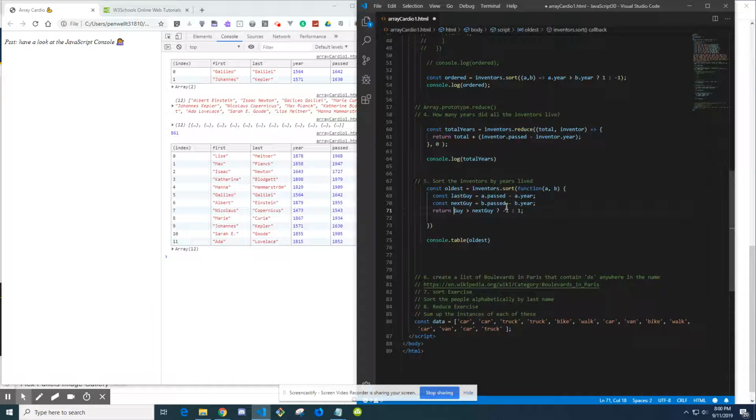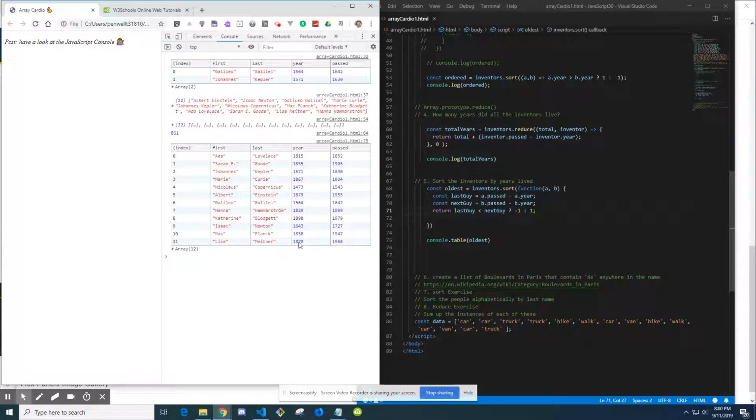If I wanted it in a reversed order, I can just do that, I assume. I should reverse it, so Meitner's on top and now Meitner's on the bottom. Okay. So I might have reversed what they were doing, but it's in the right sequential order, which is the main part there.